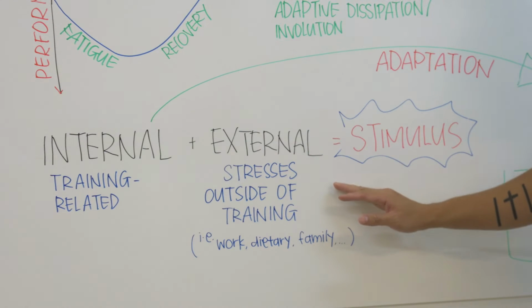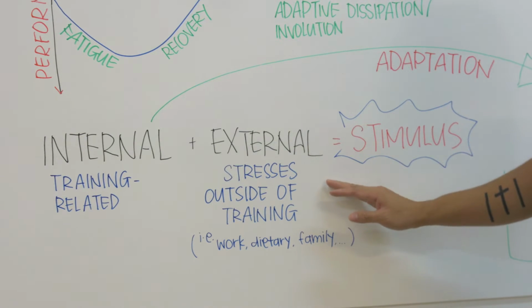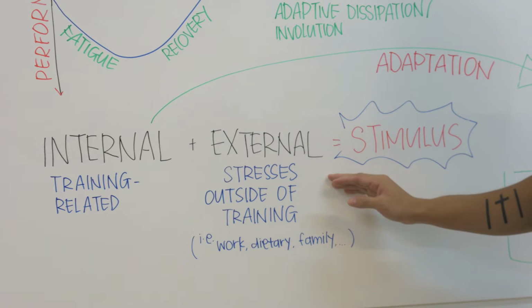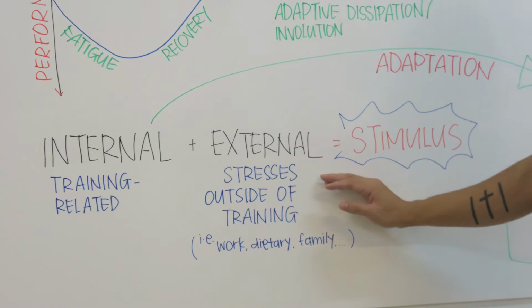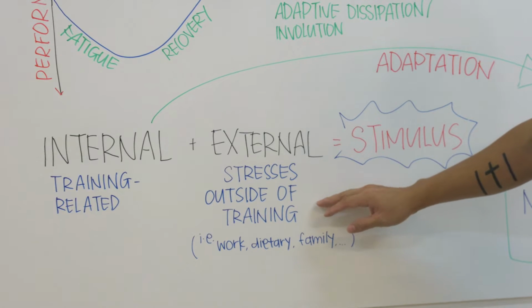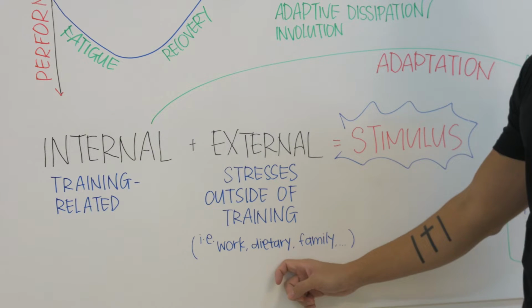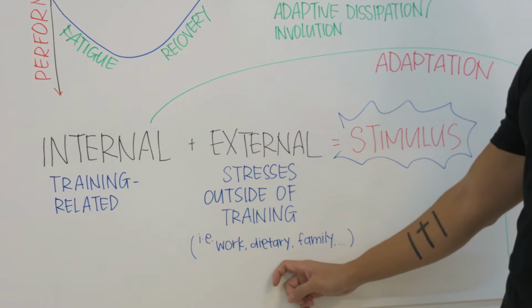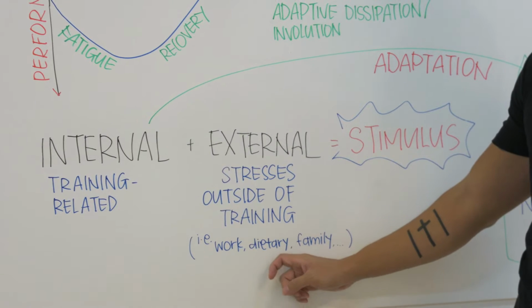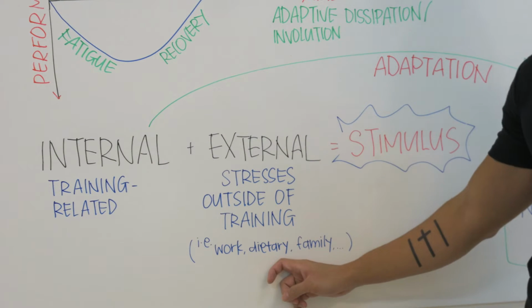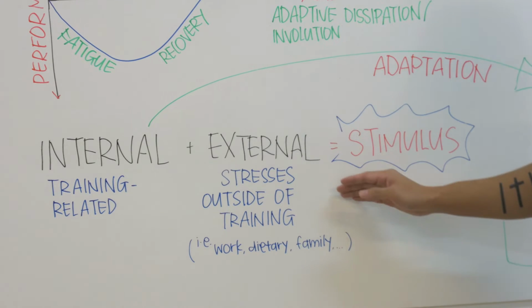And the external stimulus are things like stresses outside of training, things like your work-related stress, family-related stress, relationship-related stress, or even dietary stress. So food that you shouldn't be eating because it causes allergies and stuff like that. When you consume too much sugar, it causes inflammation in the body, and things along that line.